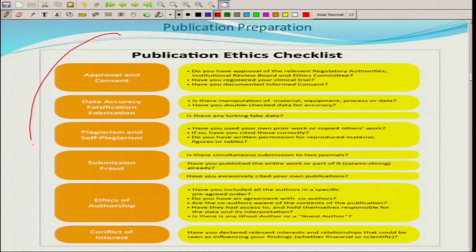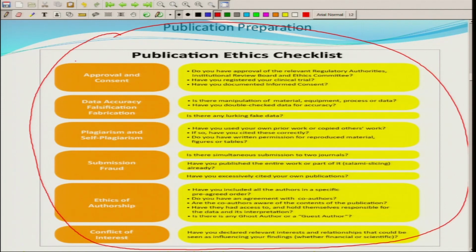Whatever we are discussing over here, from approval and consent to data accuracy, plagiarism, self-plagiarism, submission frauds, ethics of authorship and conflict of interest, these are the pre-stage of publication we have to ensure before we submit to any journal, and that's where we have to understand the importance of this process.